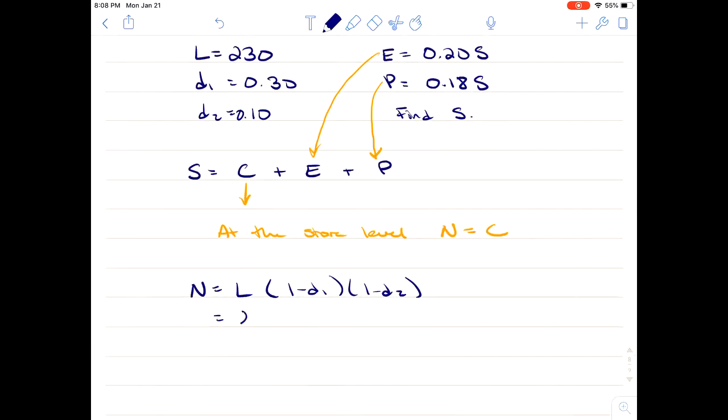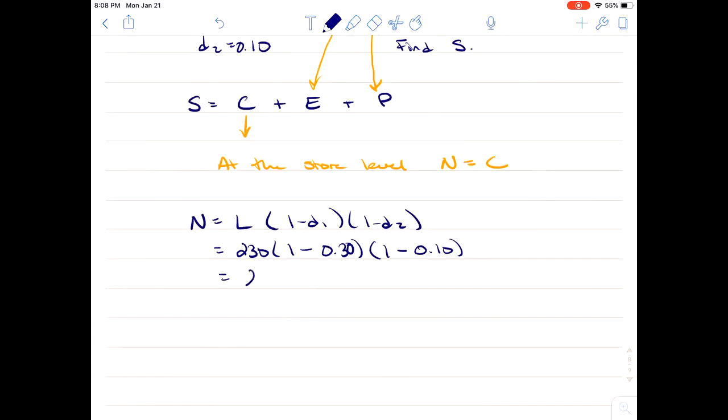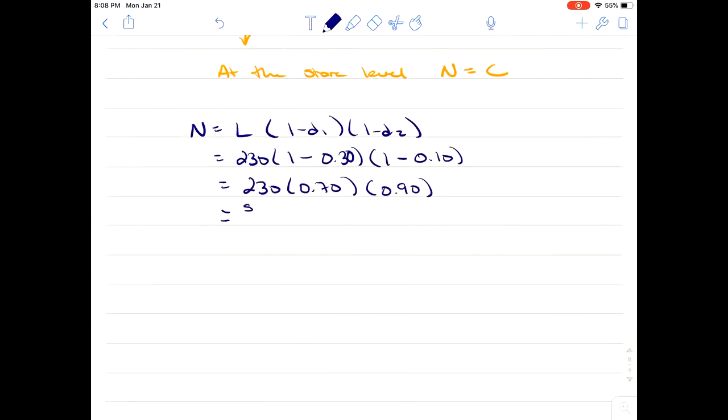So N is 230 times 1 minus 0.3 times 1 minus 0.1. 230 times 0.7 times 0.9 is 144.90.